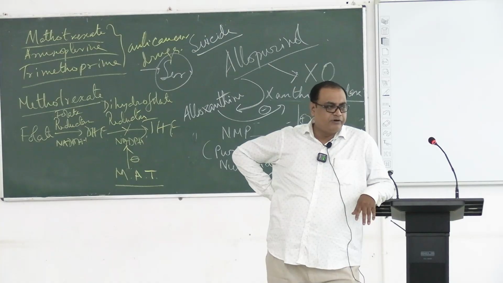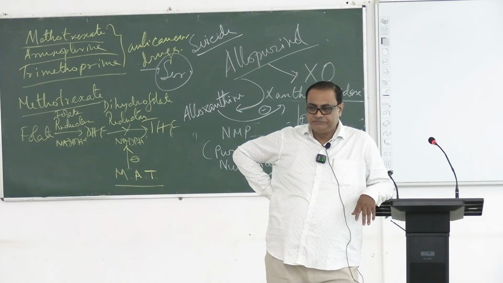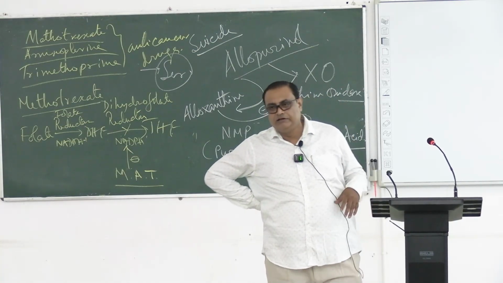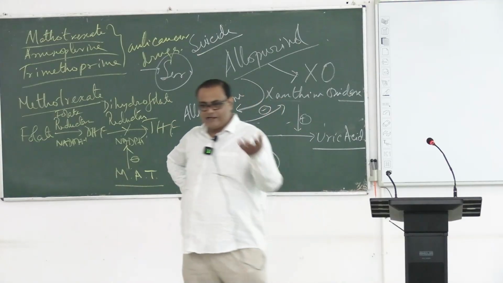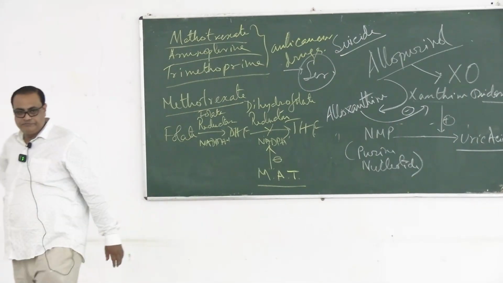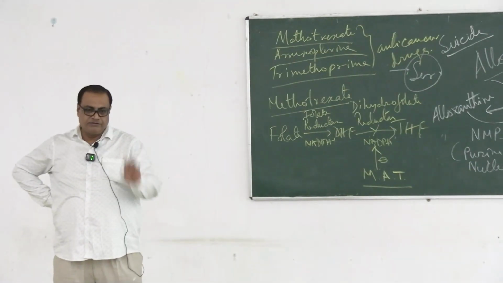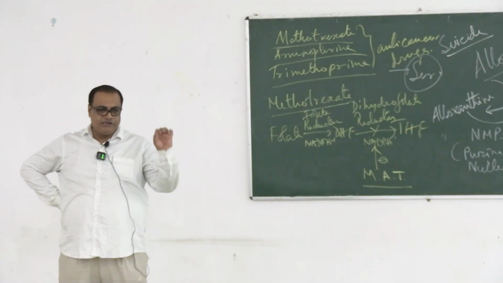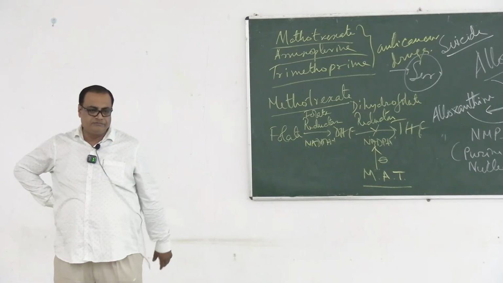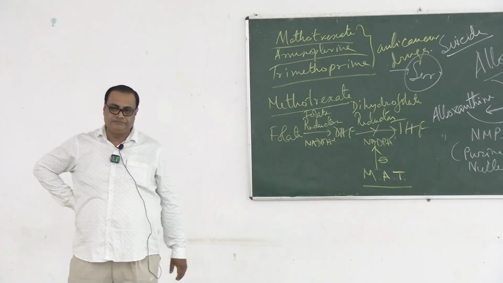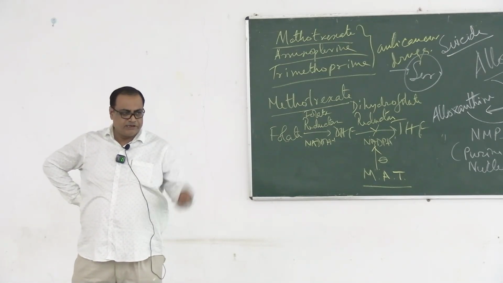Explain why the following. All of these have come in exams. Allopurinol is used in treatment of gout. Explain why. If there is a question, then explain why. Next question.